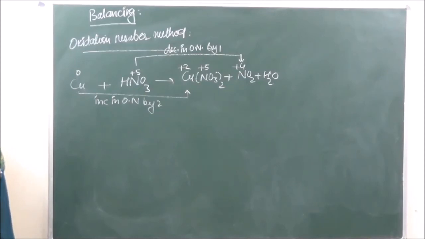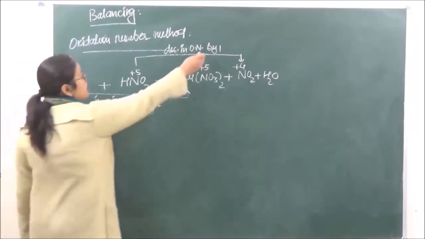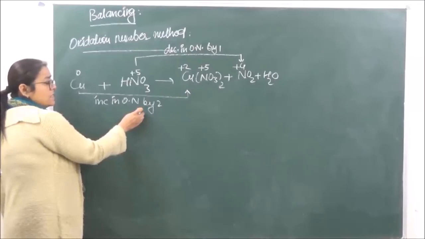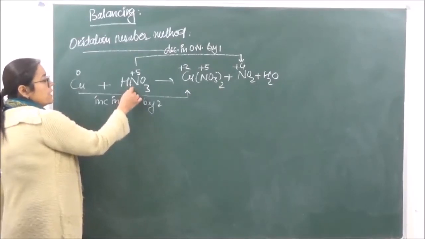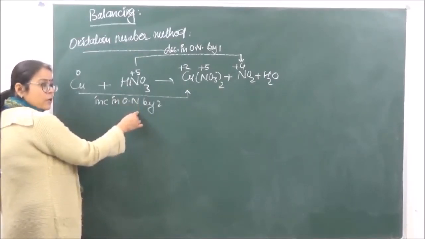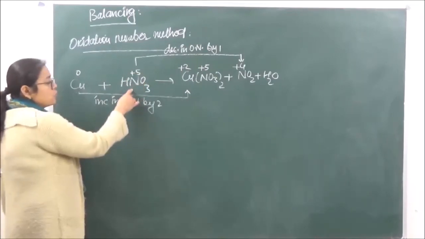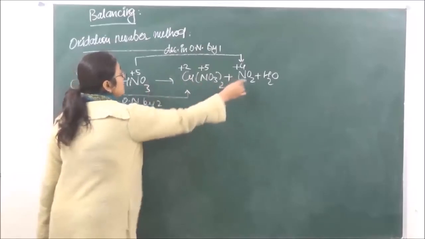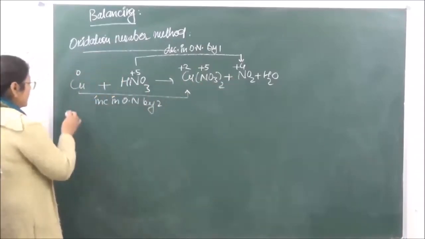First of all, let's do according to this over here. According to this, the oxidation number is decreasing by 1 here, and increasing by 2 here. So you need to cross multiply. You need to multiply this equation by 2. What are we going to get over here?